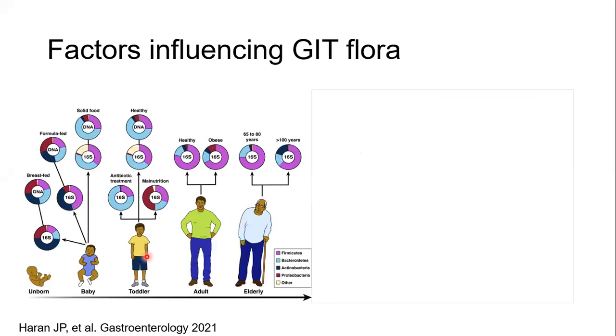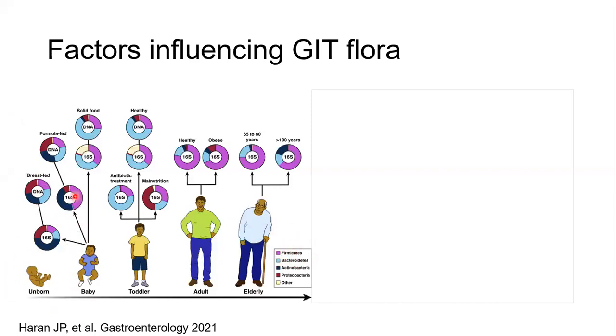Okay, so there are various factors that influence the GIT flora. From this paper that was published this year, the unborn, as we said, at birth are relatively sterile. And then they get born, and the different colors show different types of microorganisms.